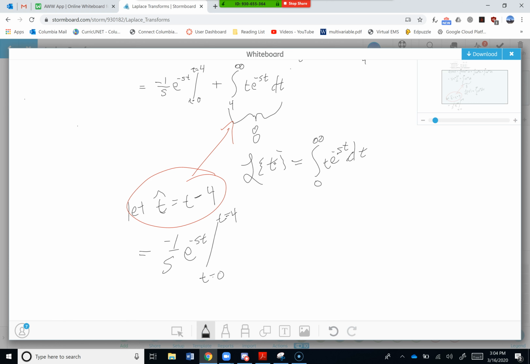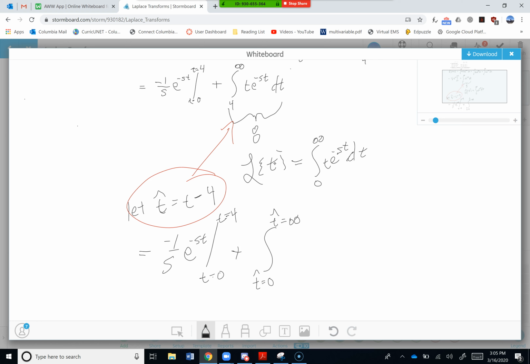So I'm adding, and now I'm going to go from, when the old t is 4, the new t is 0, which was the point. When the old t was infinity, the new t is infinity minus 4.